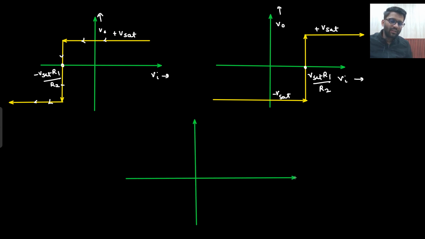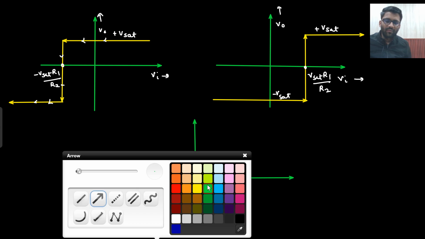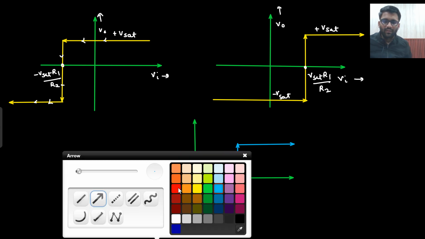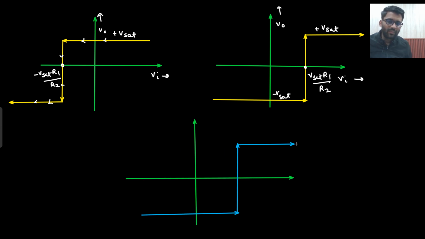what do you see here? If I combine both of them, what do you see? This is for the assumption of minus V set, and this is for the assumption of plus V set. Happy with plus V set, but you decreased so much that you need to go like this.